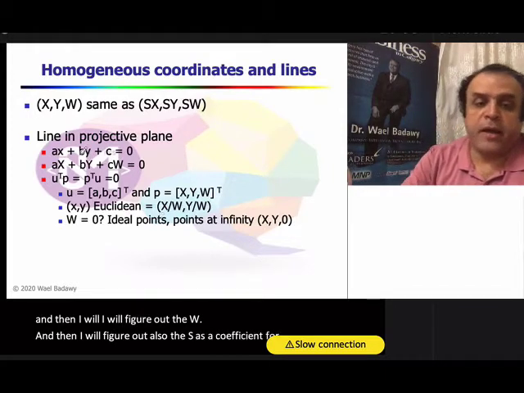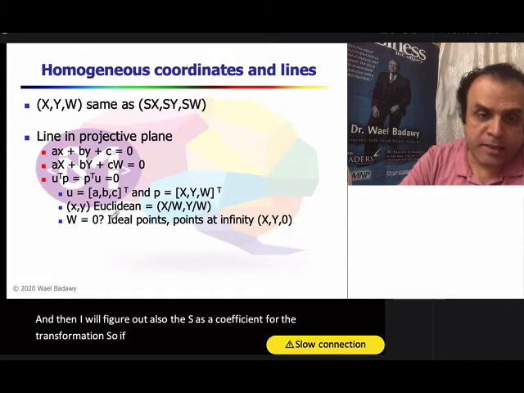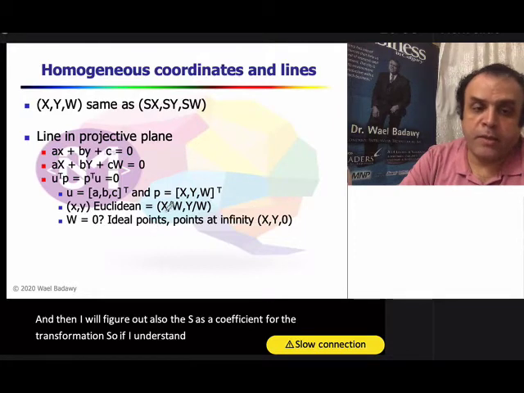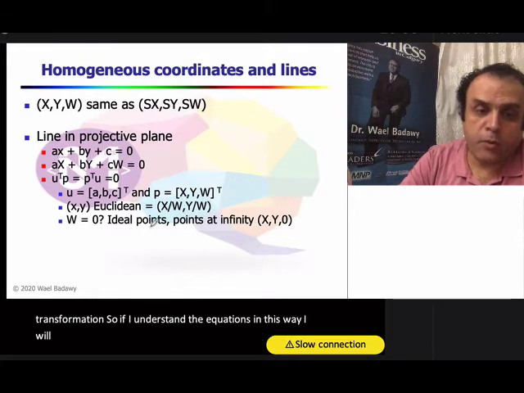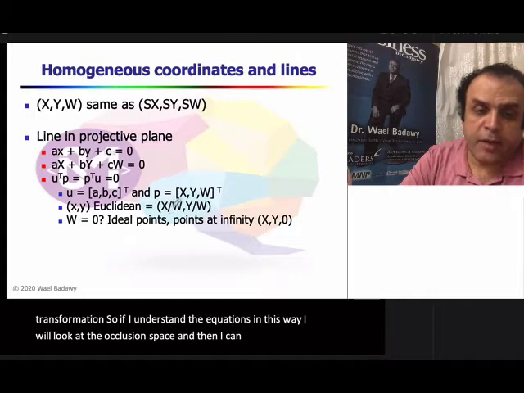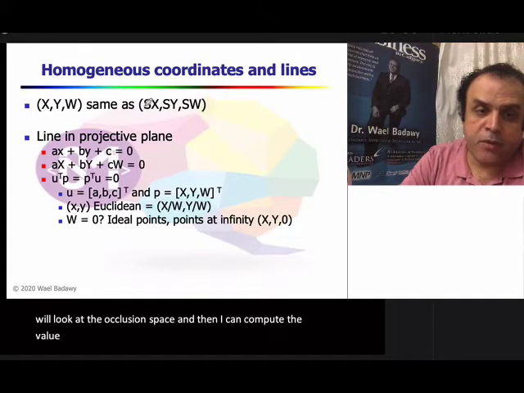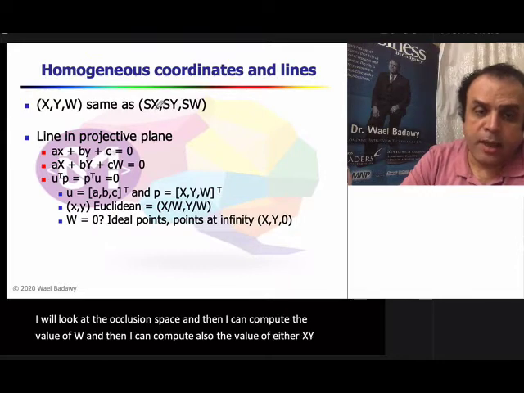So if I understand the equations this way, I will look at the Euclidean space, and then I can compute the value of w, and also the values of x, y, or sx and sy.